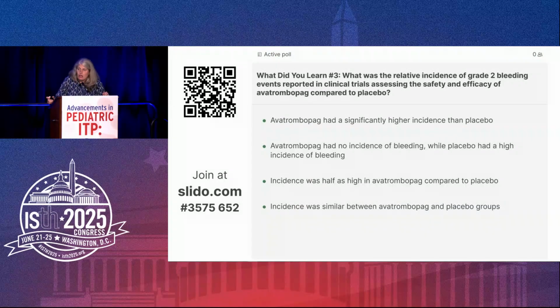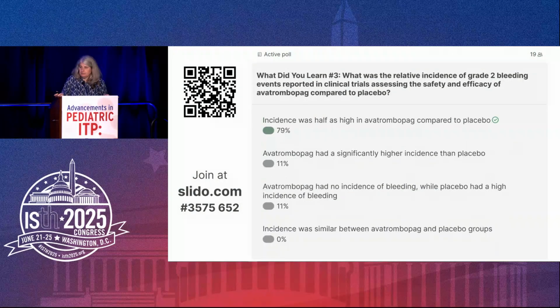Okay, so what was the relative incidence of grade 2 bleeding events reported in clinical trials assessing the safety and efficacy of avatrombopag compared to placebo? Higher incidence in avatrombopag, avatrombopag had no incidence of bleeding while placebo had a high incidence, incidence was half as high in avatrombopag as compared to placebo, or the incidence was similar between the two.